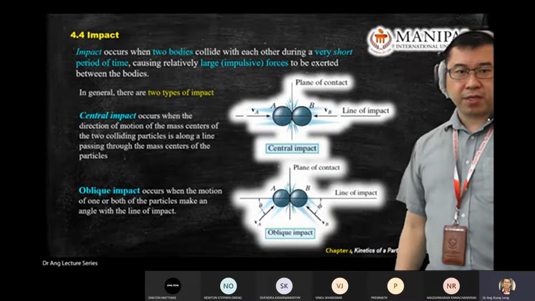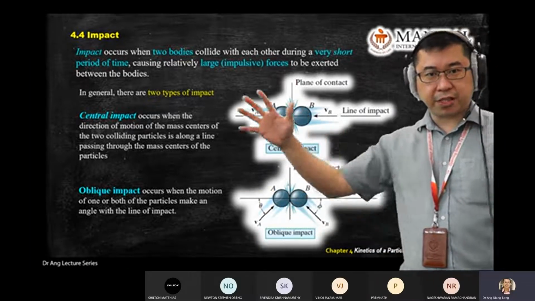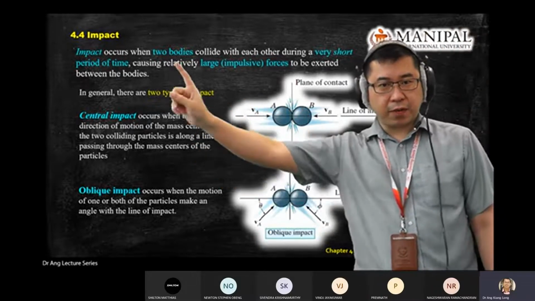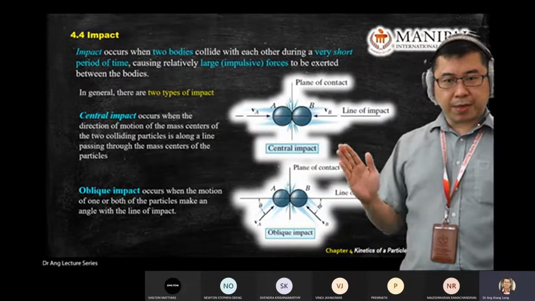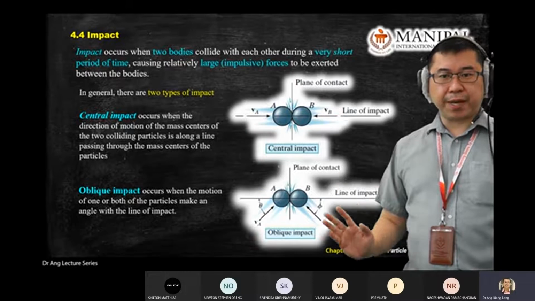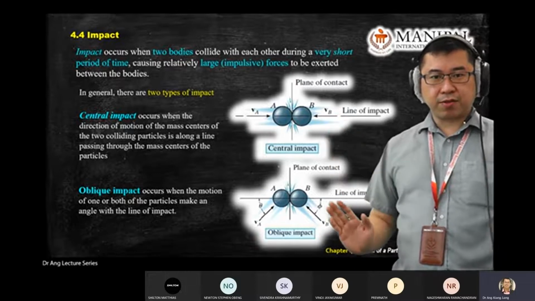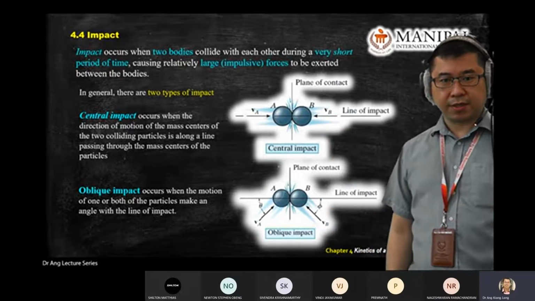This will be the objective of section 4 when you study impact. I hope everyone is clear. We have two types of impact here, central and oblique.